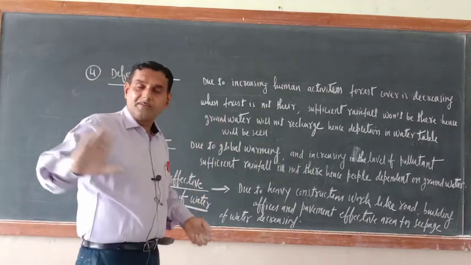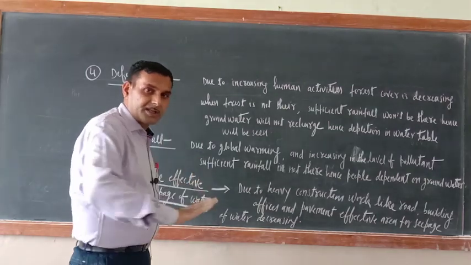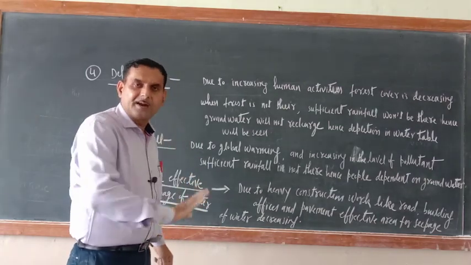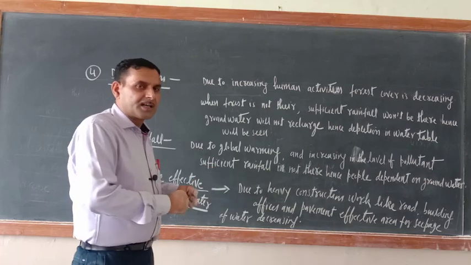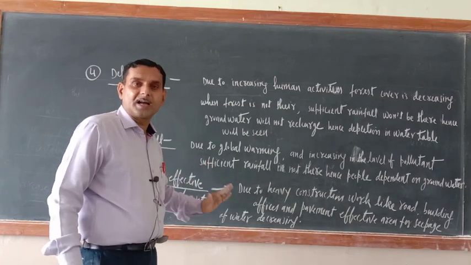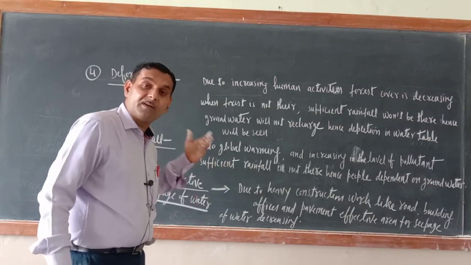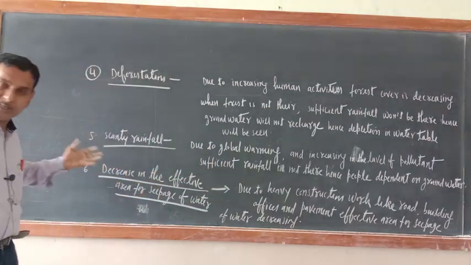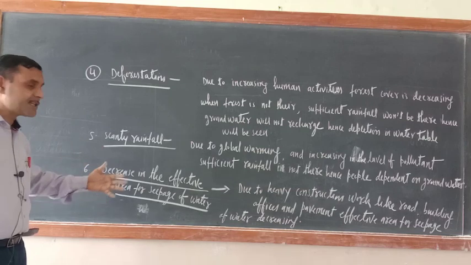And for construction of these things, pakka floor is required, and once the floor is pakka, water will not seep down to earth. So the effective area for the seepage of water is decreasing because of all these things.